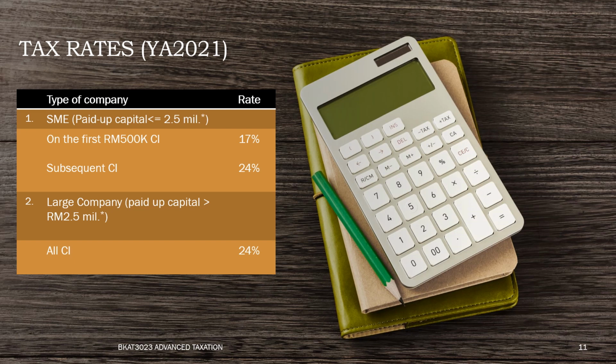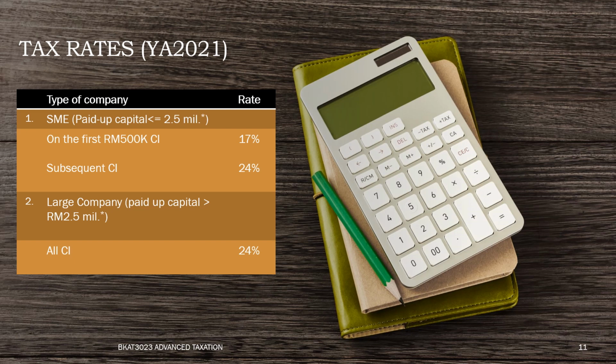If the company's paid up capital is less than or equal to 2.5 million, they can apply the 17% tax rate on the first 500,000 of their chargeable income, CI. If they have chargeable income of more than 500,000, the remaining chargeable income will be taxed at 24%.